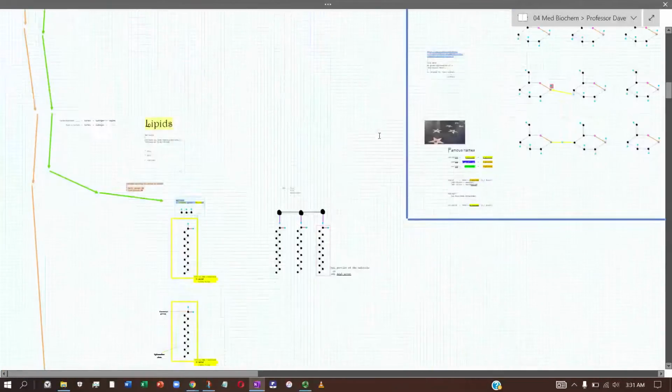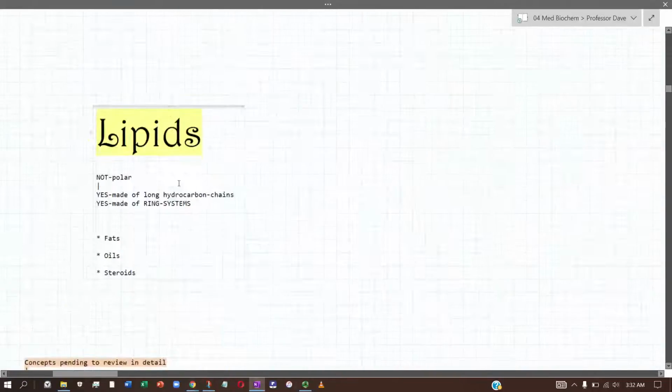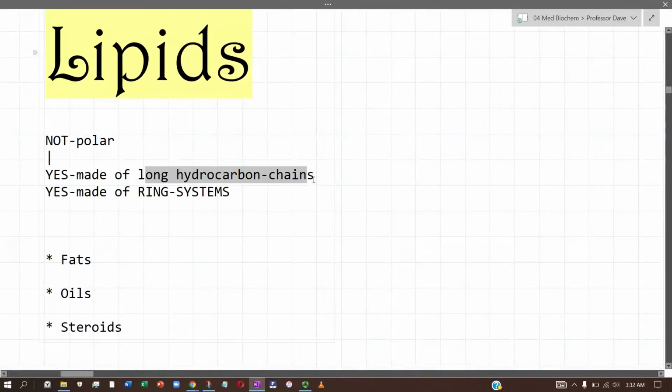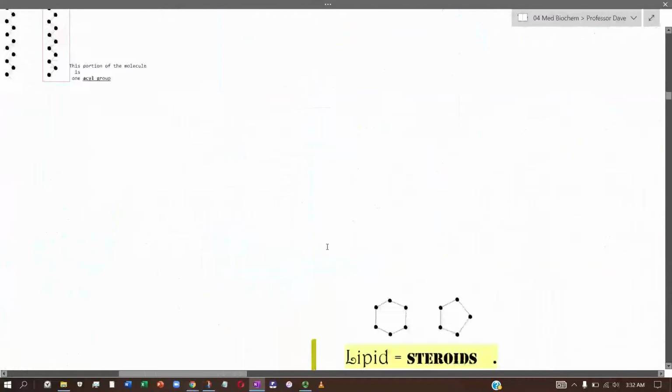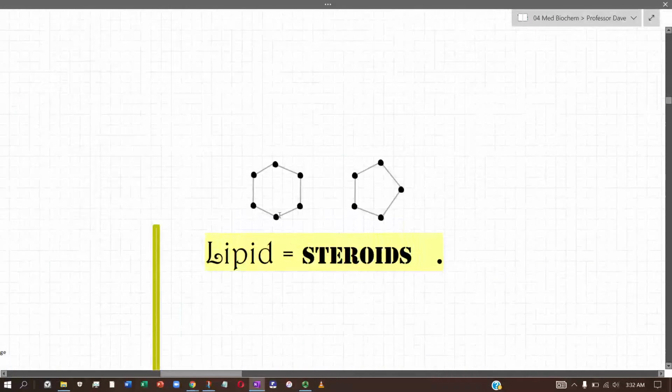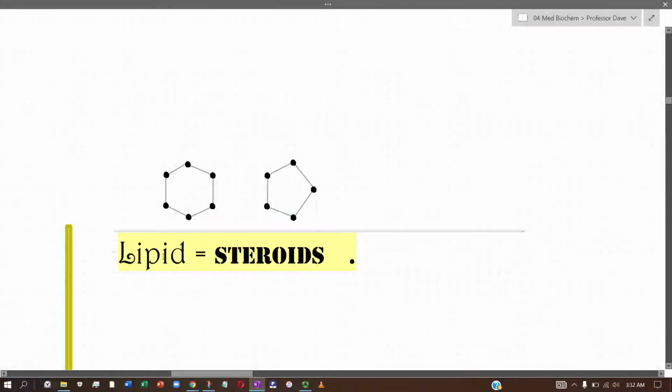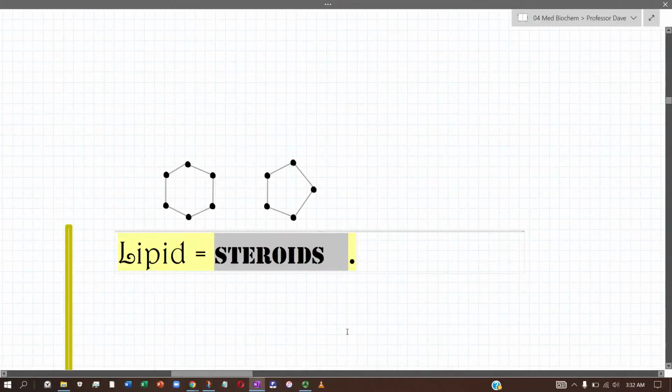Now, based on this definition up here, we said that lipids can be made of long hydrocarbon tails. Check, we did that with TAGs, but they can also be made of ring systems. So let's see what that entails. A subcategory of lipids is steroids. As Professor Dave mentioned in the playlist, steroids don't include just anabolic steroids, which are used for bulking up, getting more muscle.